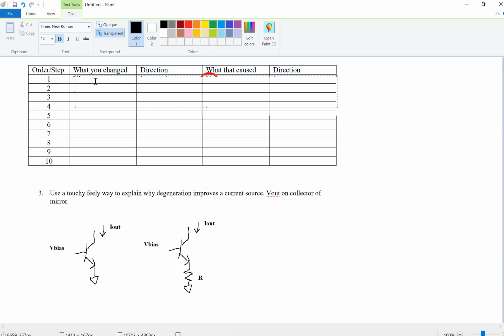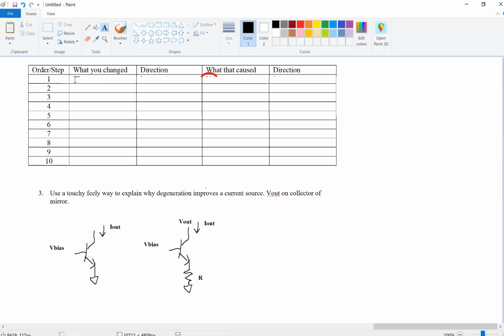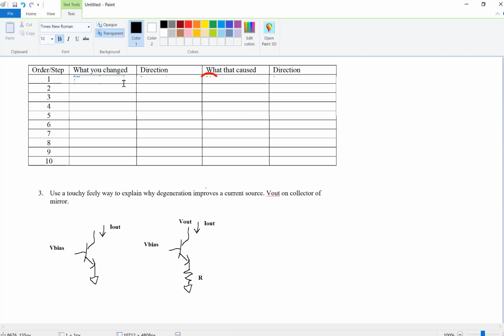So for that, we'll put a V out here and go back over here. What we'll do is move V out up.